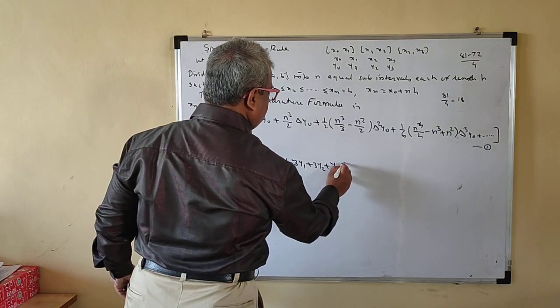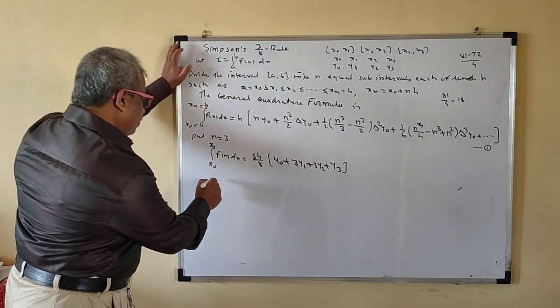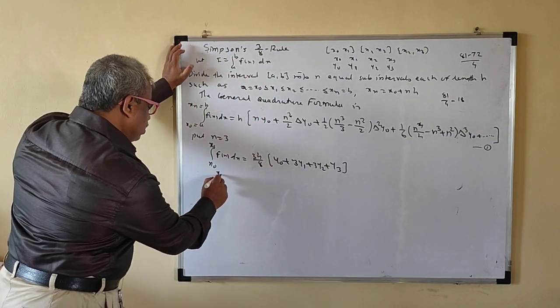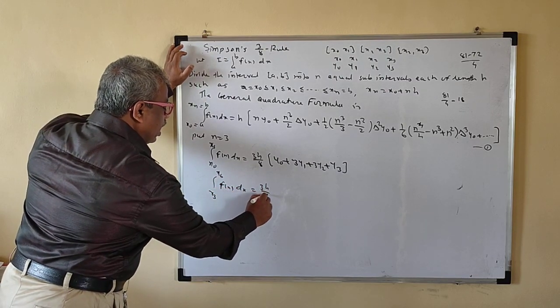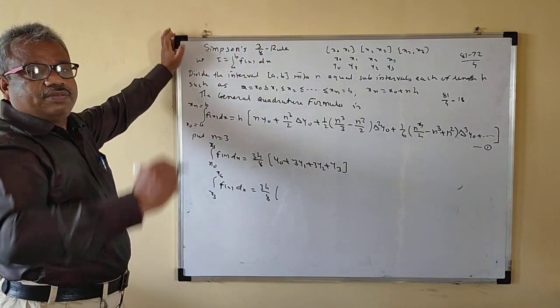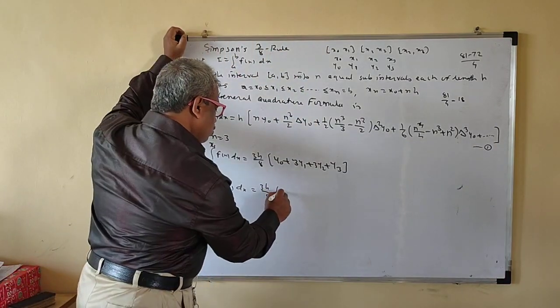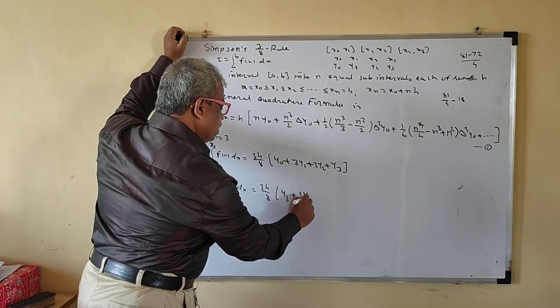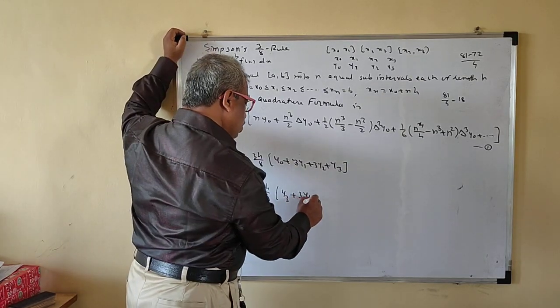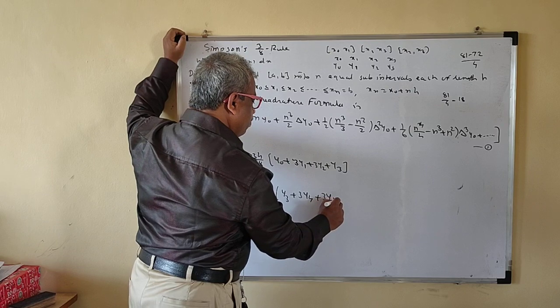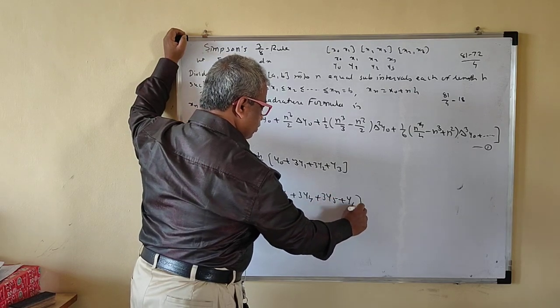Similarly, I can write the integral from x3 to x6 of f of x dx. I can prove this is h by 8, just increase your suffixes by 3. So this is y3 plus 3y4 plus 3y5 plus y6.